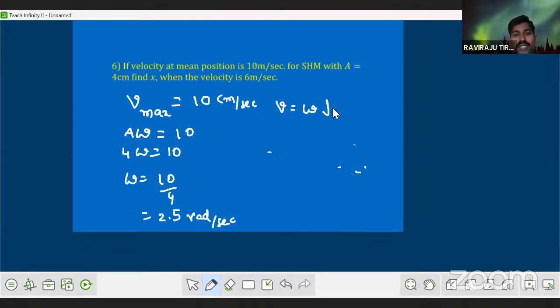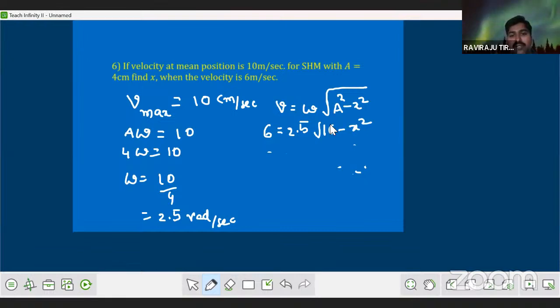V equal to omega root over a square minus x square. What is V given? 6. Omega we got 2.5. Root over a square will be 16 minus x square. All were taken in centimeters only, so directly I have taken the 16.